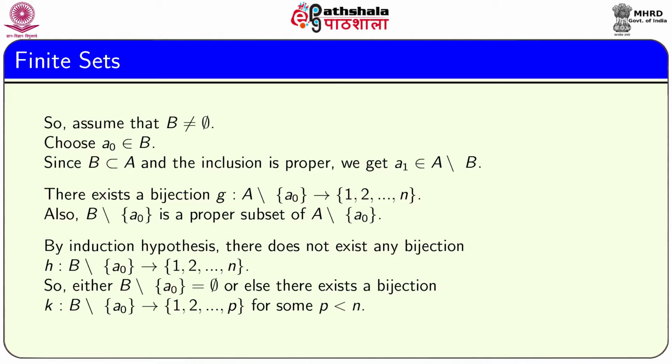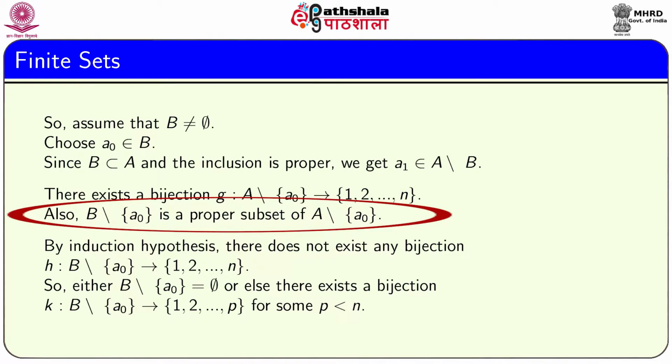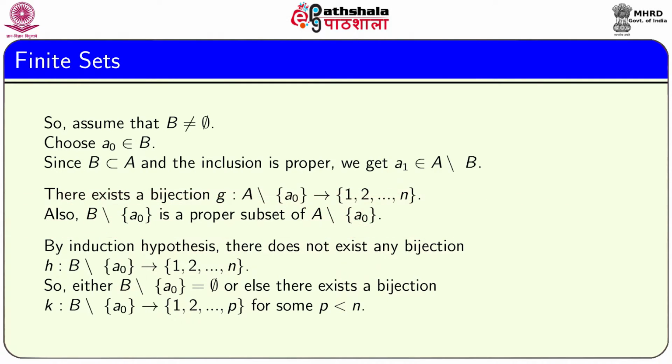So there exists a bijection G from A minus A0 to the set 1 to n, as we have seen earlier. Now again, B minus A0 is a proper subset of A minus A0. By induction hypothesis, there does not exist any bijection H from B minus A0 to the set 1 to n.